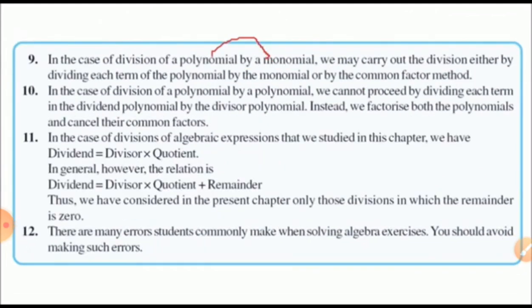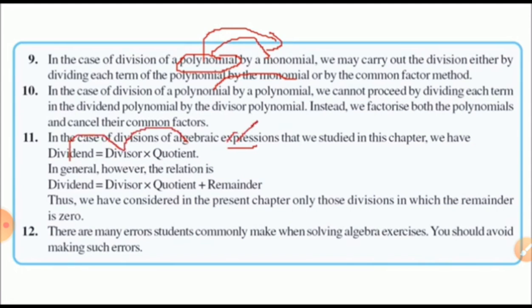In the division of a polynomial by a monomial, we can carry out the division either by dividing each term of the polynomial by the monomial or by the common factor method. In the case of the division of a polynomial by a polynomial, we can proceed by factorizing both the polynomials and cancelling their common factors.